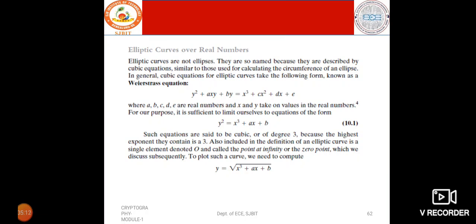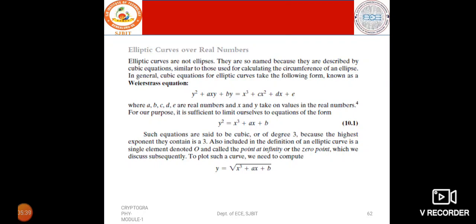For our purpose it is sufficient to limit ourselves to equations of the form y squared is equal to x cubed plus ax plus b. Such equations are said to be cubic, or of degree 3, because the highest exponent they contain is 3. Also included in the definition of an elliptic curve is a single element denoted O, called the point at infinity or the zero point, which we discuss later.